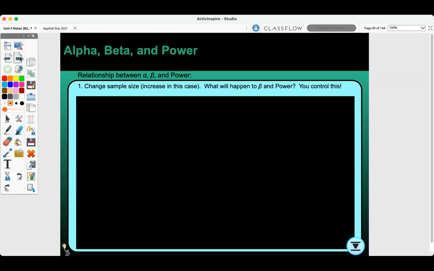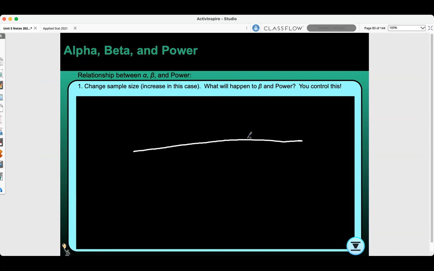And then let's look at the relationship if we change the sample size. Increase, in this case, what will happen to beta and power? So n will be going up. So if p equals 0.2, here we have alpha. And as we increase the sample size, our distribution gets closer and closer together.